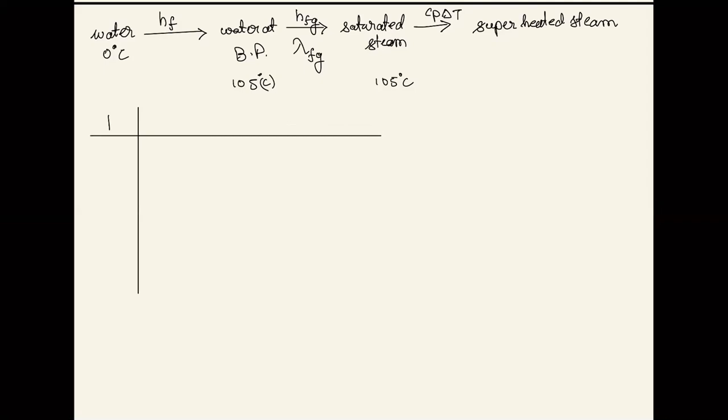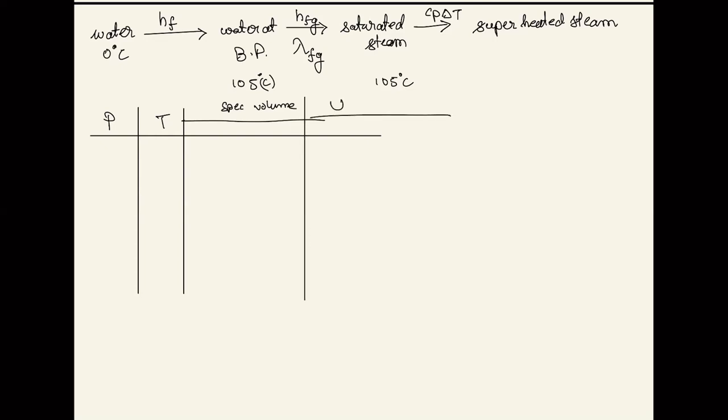You have pressure, you have temperature, you have the specific volumes, I guess one or two of them, you have some values related to U. What we are interested in is getting the value of H in this particular case.